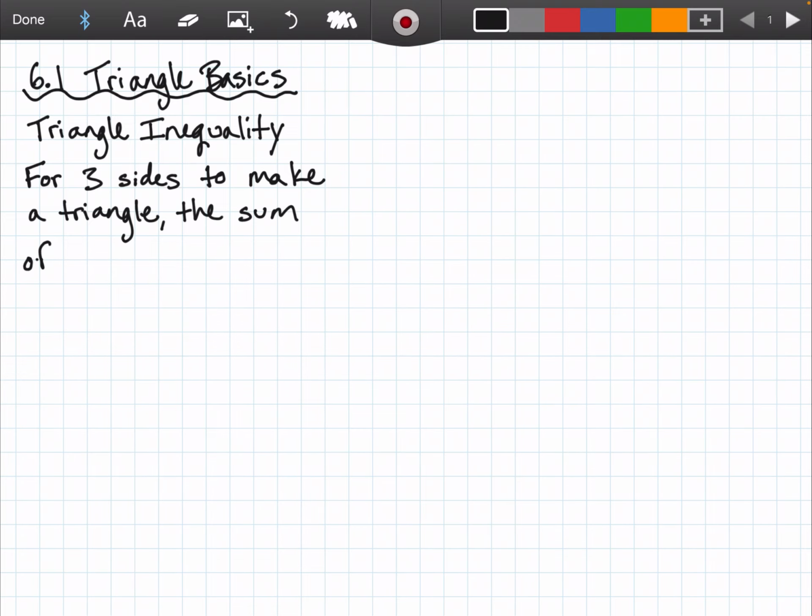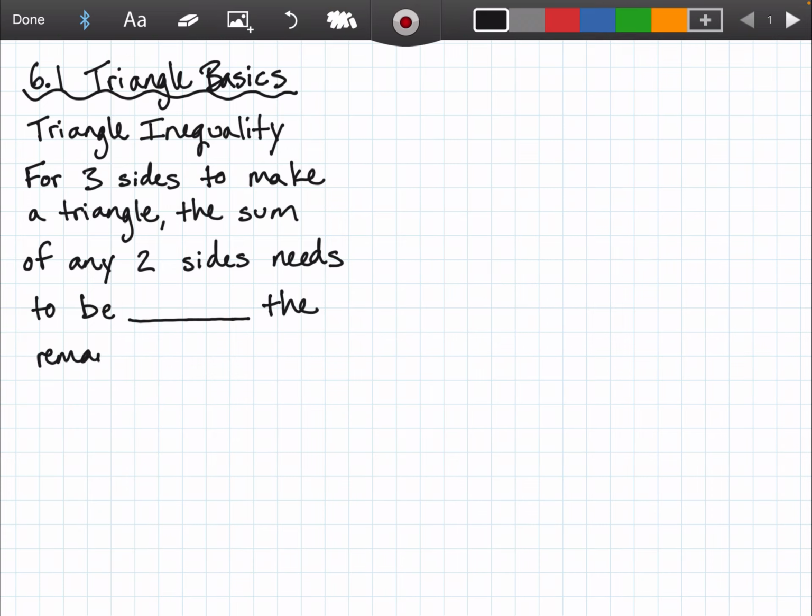The sum of any two sides needs to be blank the remaining side.